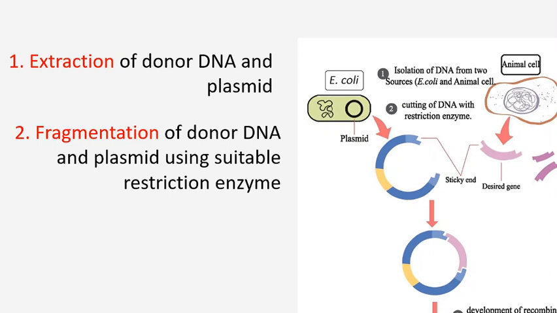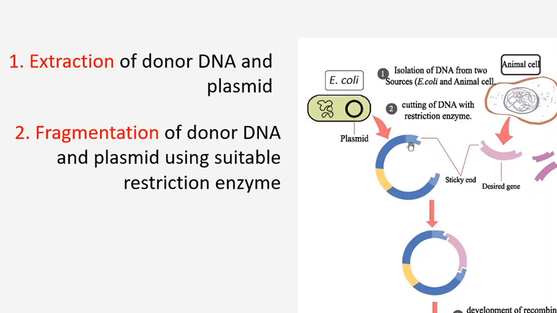So we can collect the insulin gene from the rest of the genes, and we can also make a free end inside the plasmid, because we see that the plasmid is circular and there is no free end. So how can we stick a desired gene with it if there is no free end?